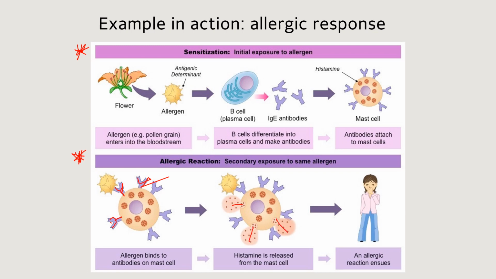And histamine is what causes all those awful reactions to a seemingly harmless thing. An inflammatory response still occurs, so that release of histamine is going to cause the inflammatory response that we learnt about in the last slide, but it's just got that two-step, which is really important to note.